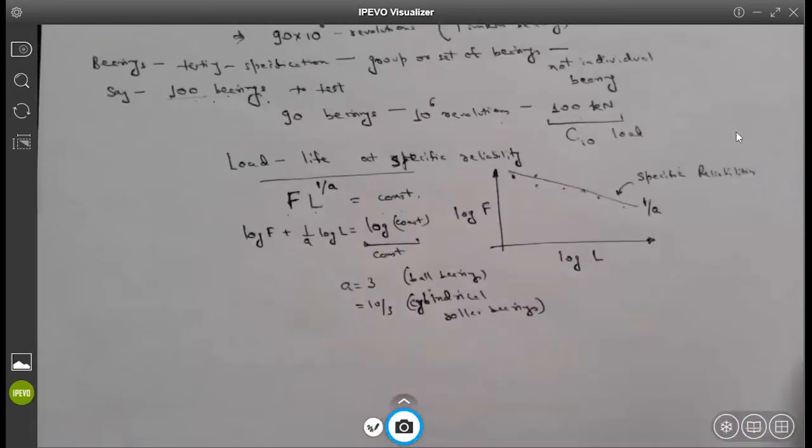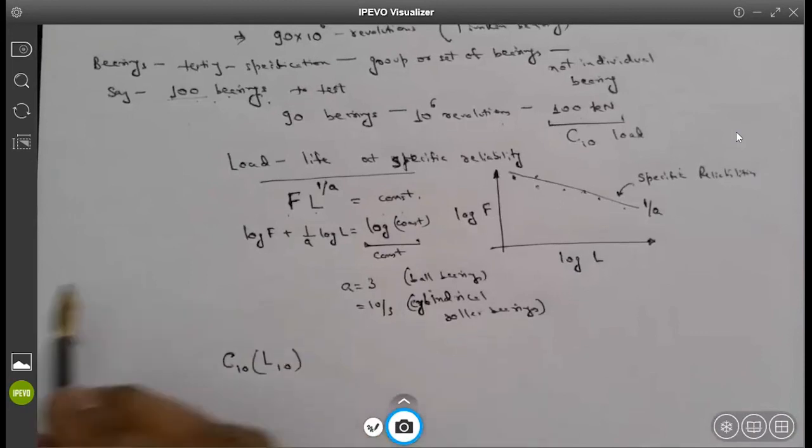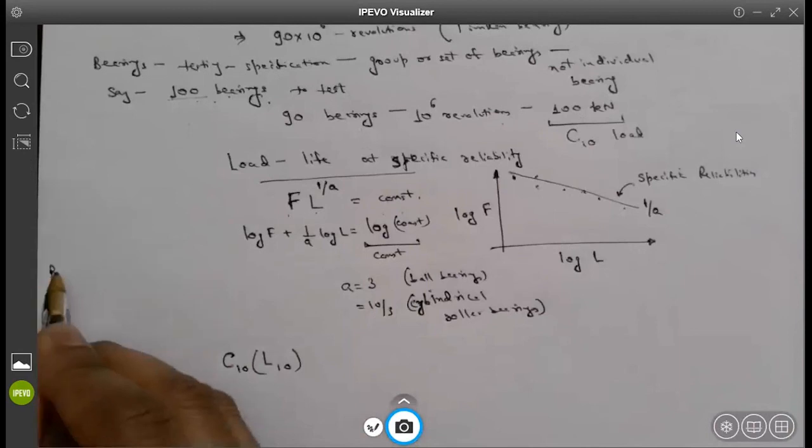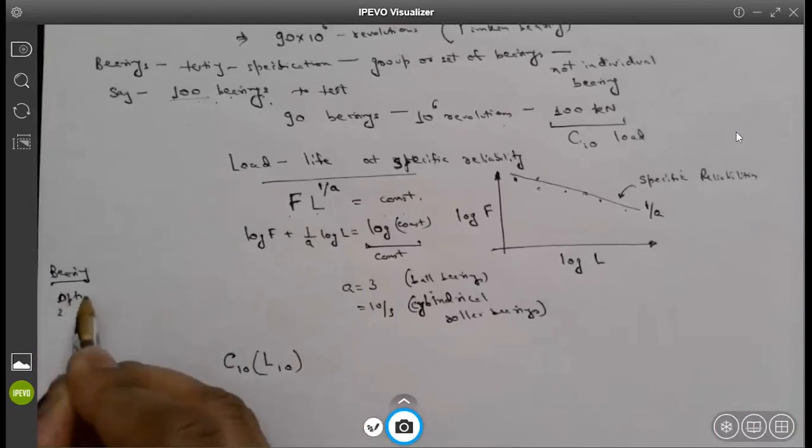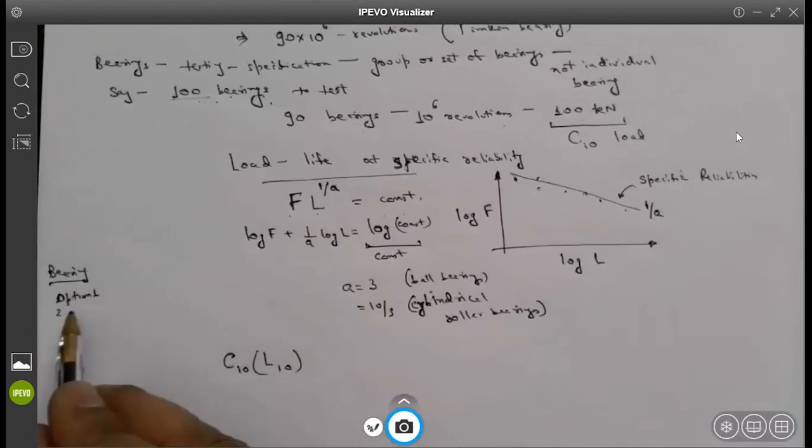So a bearing manufacturer's catalog will always quote the C10 load and L10 life. If I look at the catalog, it will have, let's say, bearing options. At this point I do not have the catalog chart with me, but in the slide you can look at it.